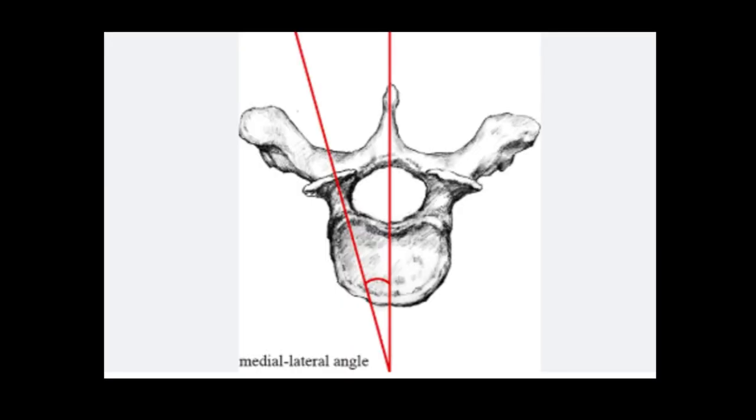Okay, so you can see that this is called the axis of the pedicle, and the medial red line is the midline. So the angle which is shown in this figure is called the mediolateral angle, or you can call it theta.